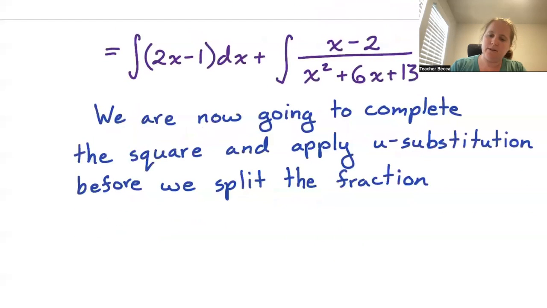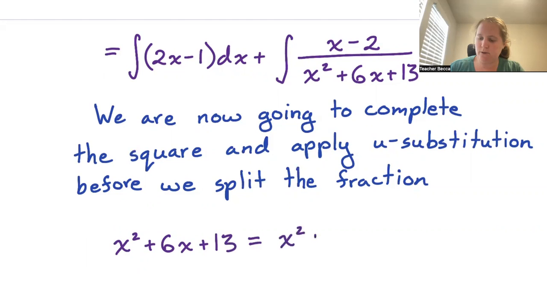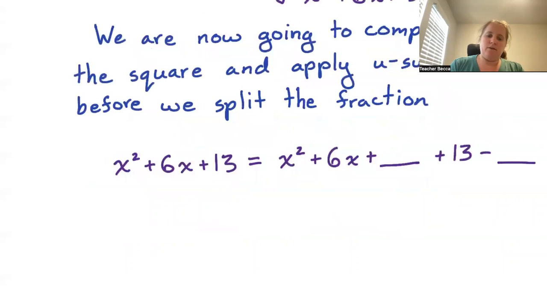So x squared plus 6x plus 13. Again, we want to rewrite this as x squared plus 6x plus blank, and we have our plus 13 minus blank. Completing the square, since there's just a 1 in front of the x squared, we just divide by 2 and then square it.